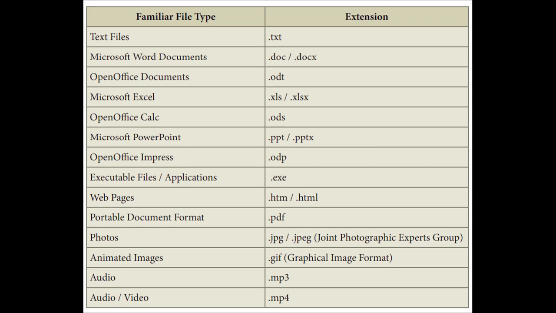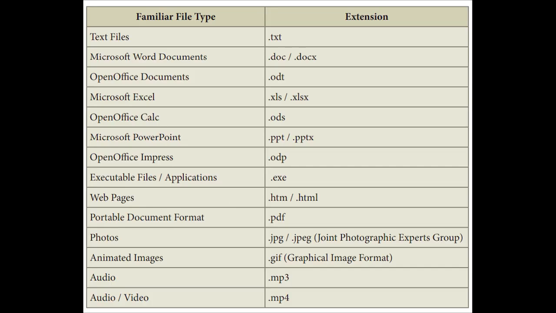If it is a text file and you give the file name as name, it will be name.txt. If it is a Microsoft Word document, it will be DOC or DOCX, so the name will be name.doc or name.docx. Likewise in OpenOffice Calc, it will be .ods.